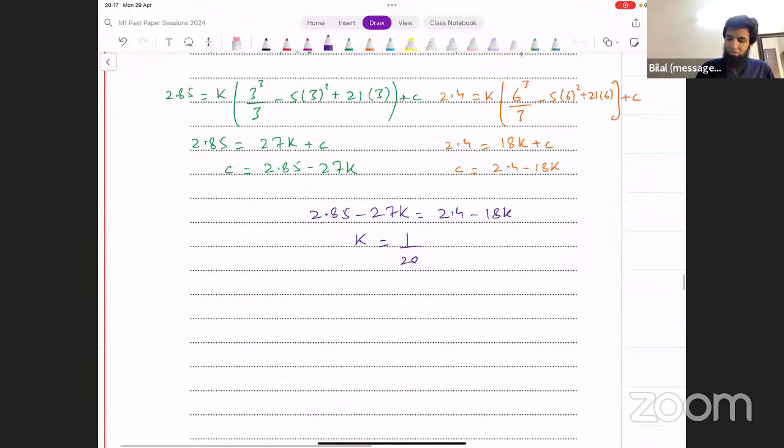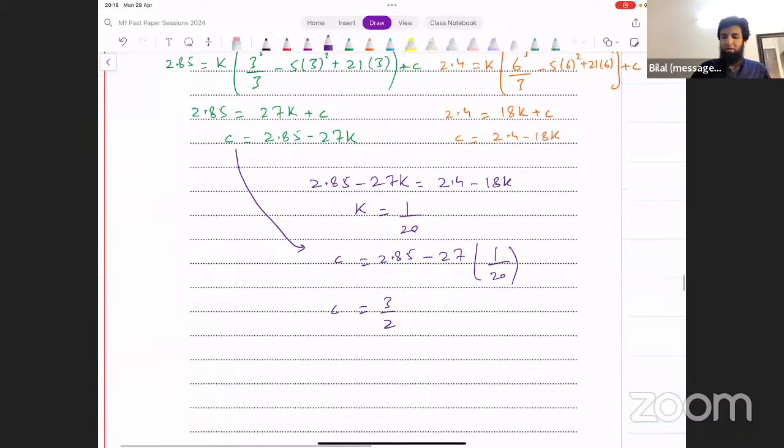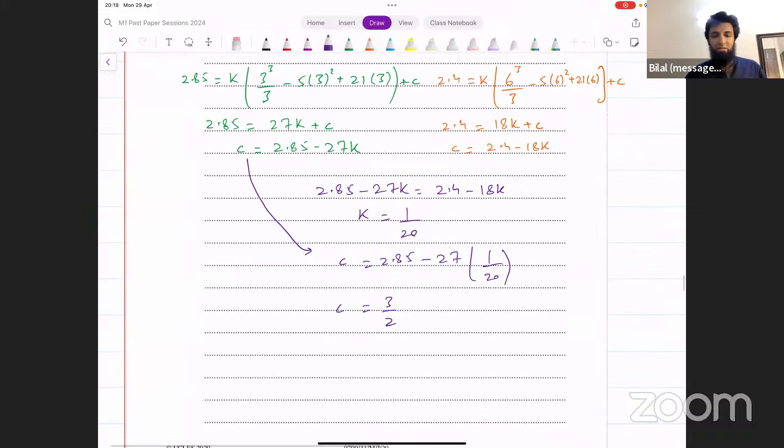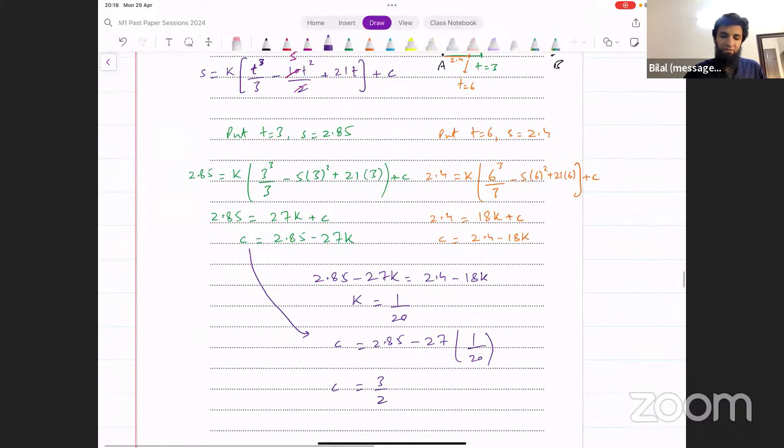And now we can find the corresponding value for c as well. Let's put that here. C equals 2.85 minus 27 into 1 over 20. And the value of c is 3 over 2, or 1.5. Now, once we have the values of k and c, we can input them back in that original displacement function to find our final function.